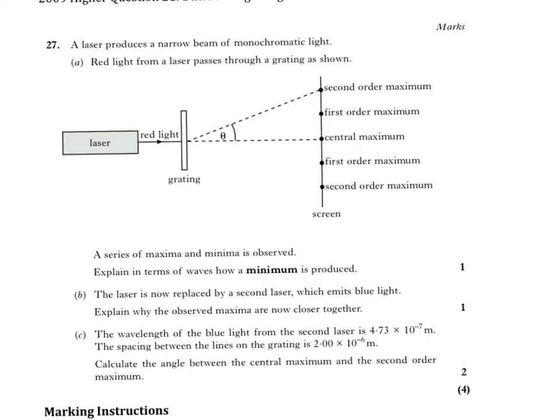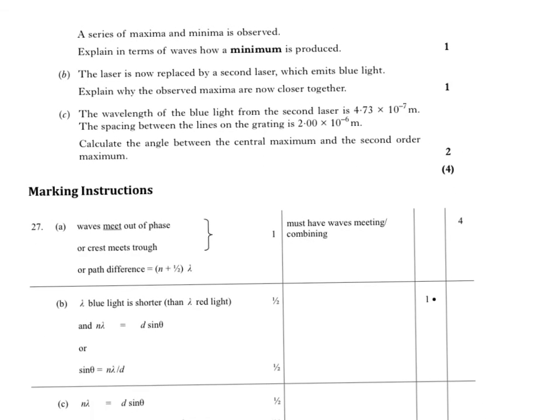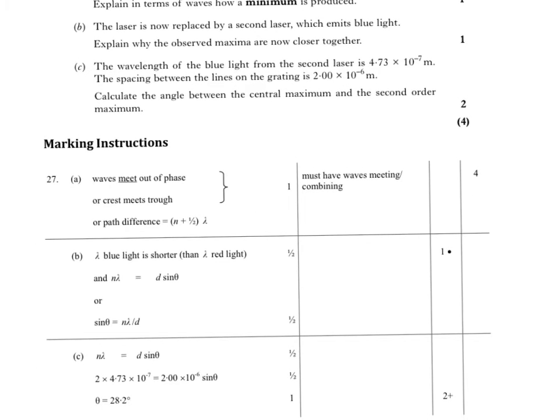And like I said to you before, the equation is your friend, and the SQA agree, so they've got the standard equation, which is now m lambda equals d sine theta. So you could rearrange that to give you sine theta equals m lambda over d.